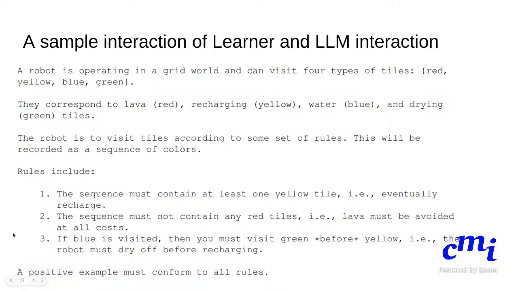Then the positive examples, and it also says that a positive example must conform to all these rules. And then it also gives the examples, as a continuation of the prompt that the learner will be giving to the LLM.